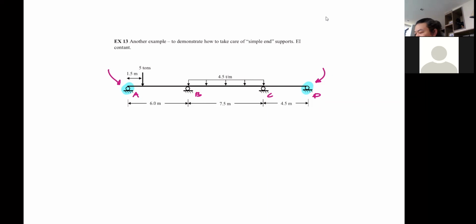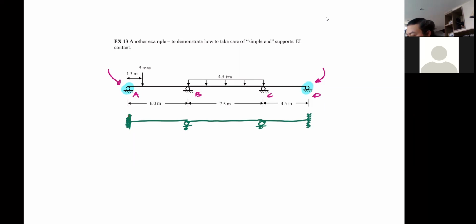Before we do that, let me demonstrate something to you. You can compare this to this. Let's say you have the same beam, use green. But if my support is like this, the same beam, but instead of the simple end, I have a fixed end.